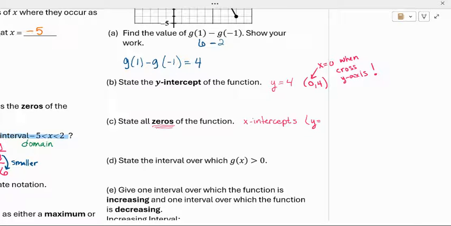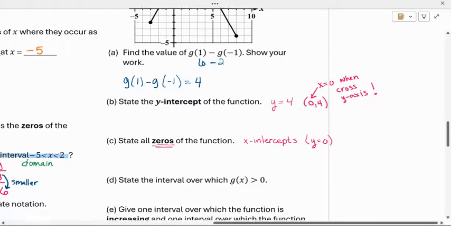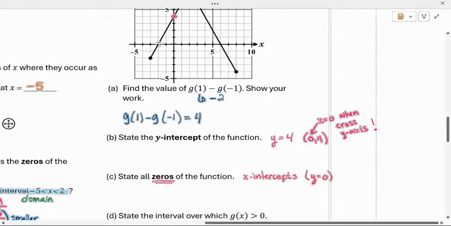Let's look at the definition of zeros again on the front. Zeros, where the graph crosses the x-axis, and what does it say in parentheses right below it? Y equals 0. So we are going to circle the spots on the graph where I cross the x-axis.